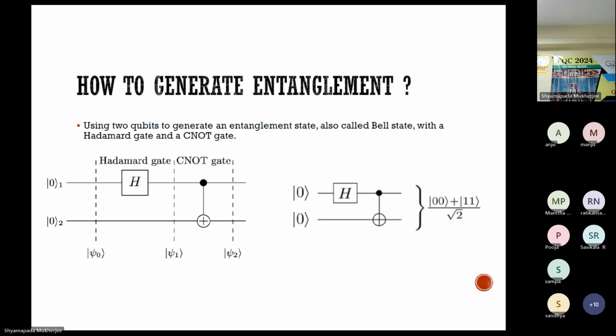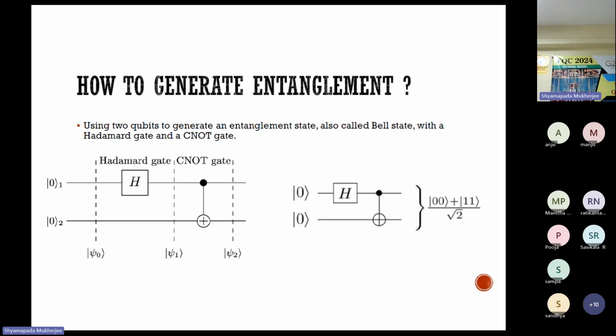Then for the second term, 1 by root 2, 1. If the control is 1, then the input flips. What is the input here? 0, and 0 will become 1. So here it is 1 by root 2, 1, 1.